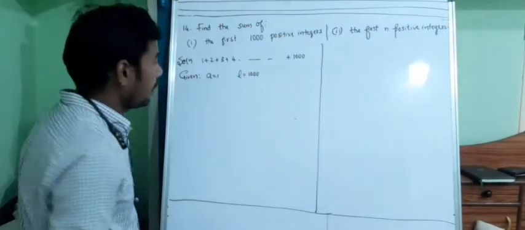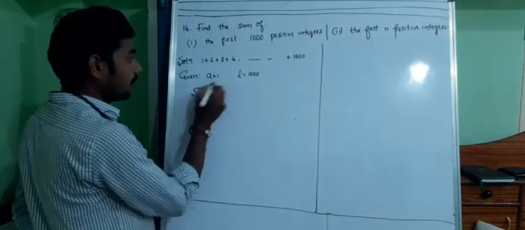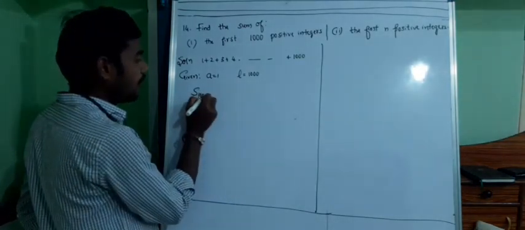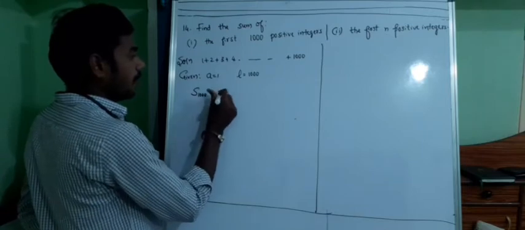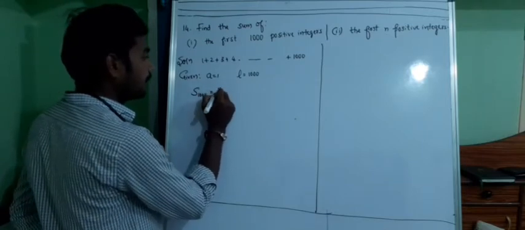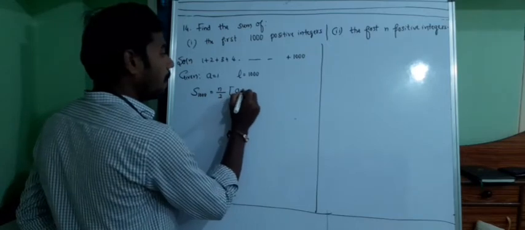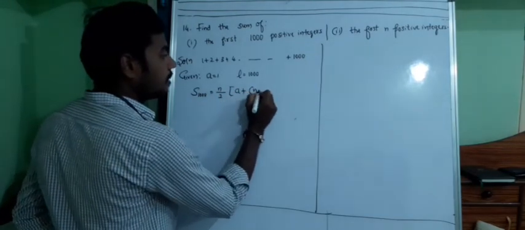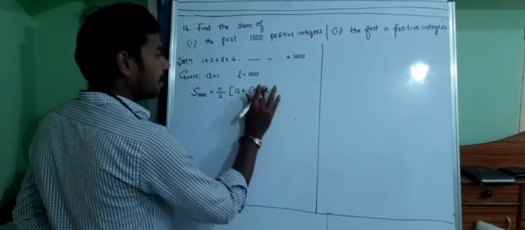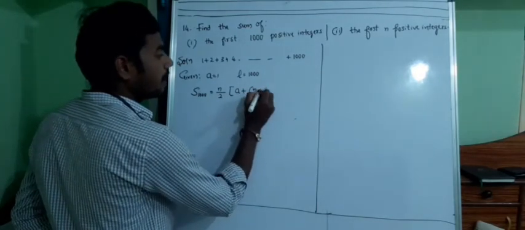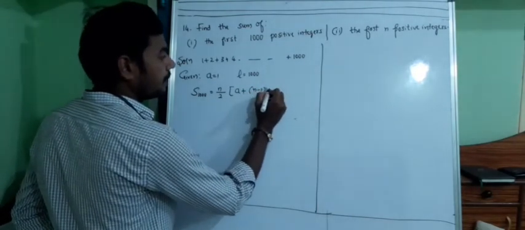Then S1000 will be equal to n divided by 2 into 2a plus n minus 1 into d.